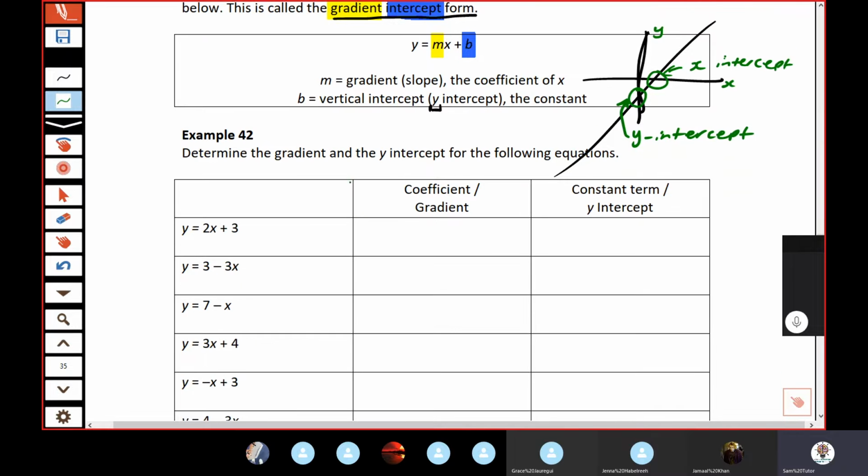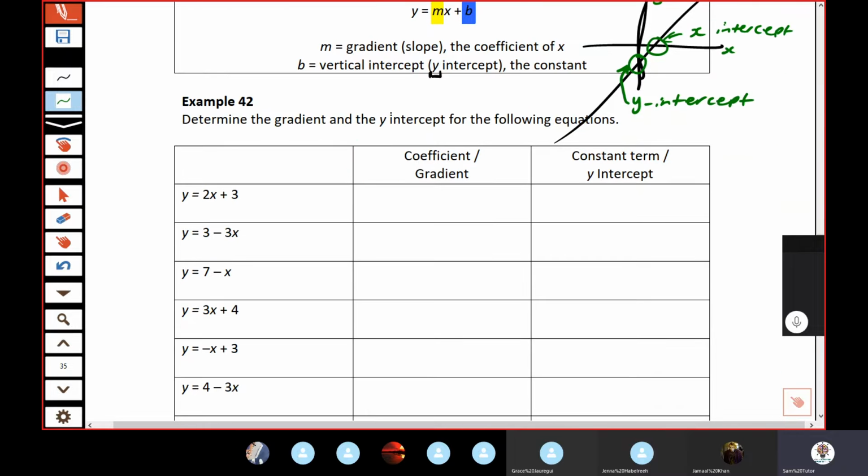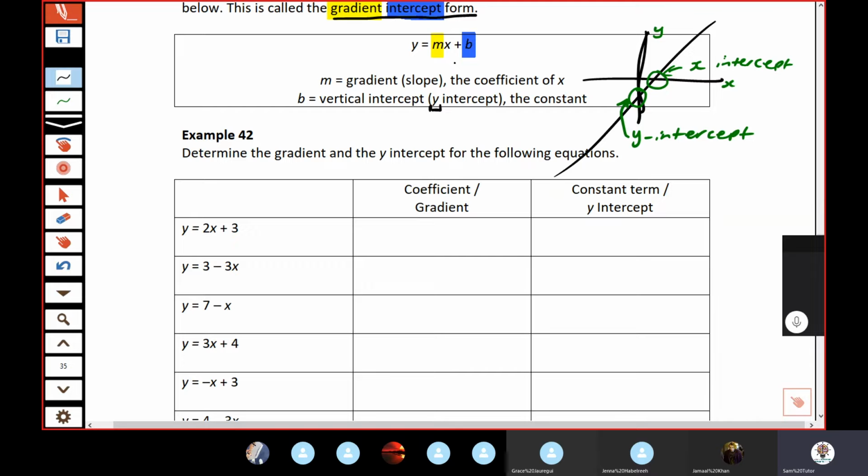All right, nice and simple exercise. Determine the gradient and y-intercept of the following equations. Before we get started, I just want to remind you, the gradient is the number in front of the x. So be careful when we change things around.